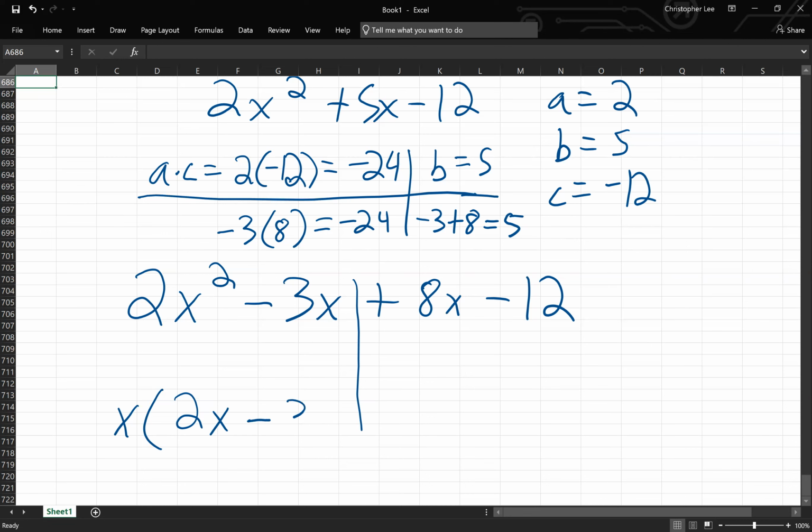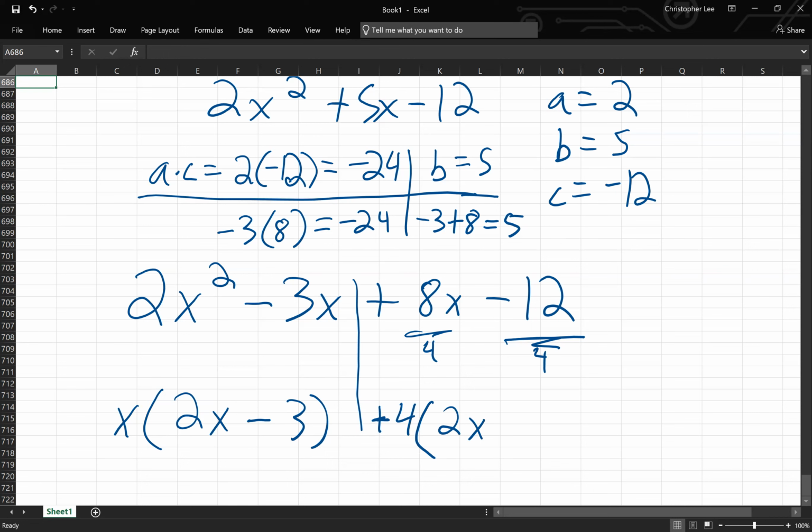2x minus 3, good. And in the second group, the 8x minus 12, what's the greatest common factor there? What do they have in common, these two? 4, right? It's going to be plus 4. And what's left over? Remember, it's like I'm dividing by 4. 8 divided by 4 is 2x.